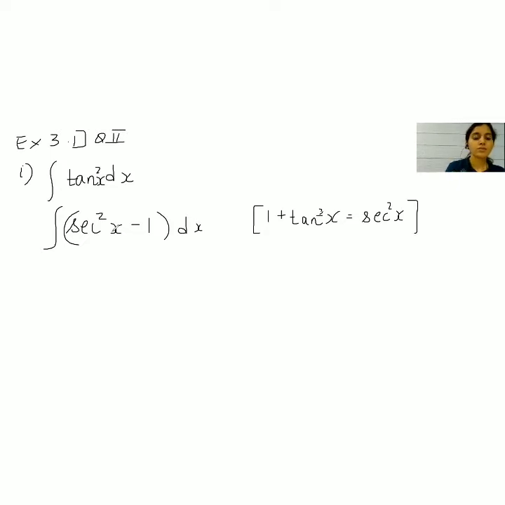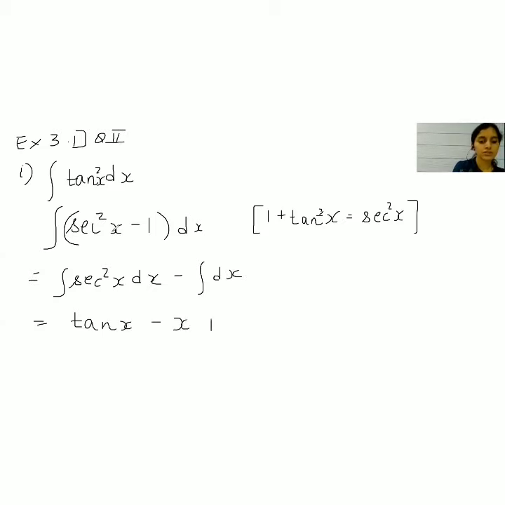Now let us integrate this. It is a minus sign, so we're going to separate the integration for each one. Integration of sec square x dx minus integration of dx. What is integration of sec square x dx? It is tan x. Minus, what is integration of dx?